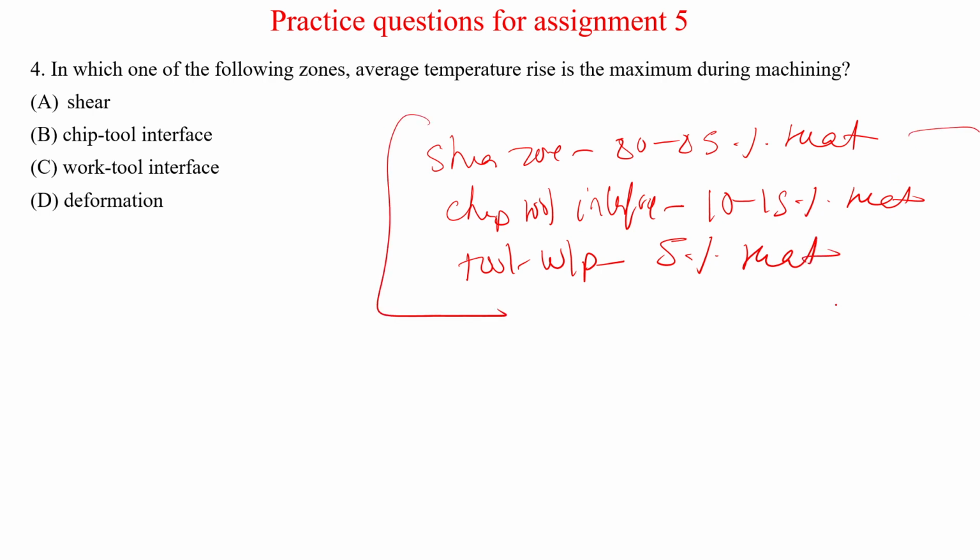So the answer would be the shear zone. But option B can also be considered because it also has a significant amount. So in a multiple choice question you can answer both A and B. However, for a single answer it would be A. Fine.